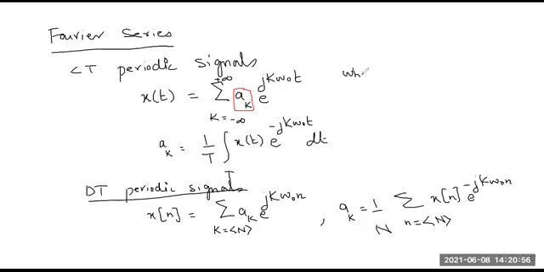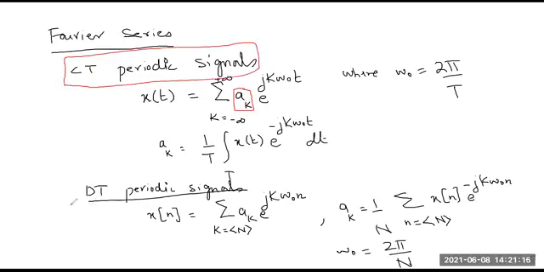In this case, omega naught can also be written in terms of the fundamental period T, whereas in this case, omega naught can also be written in terms of the fundamental period capital N. This is something which we have already covered.